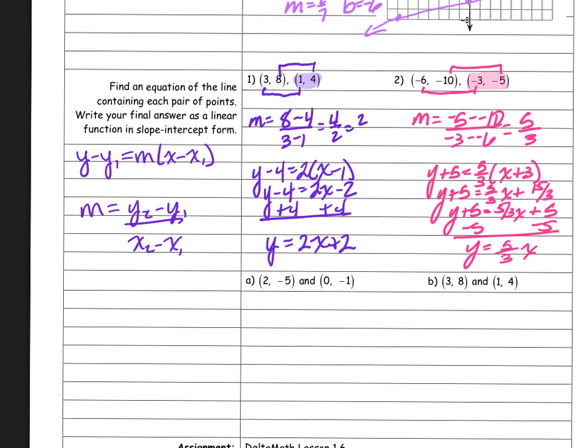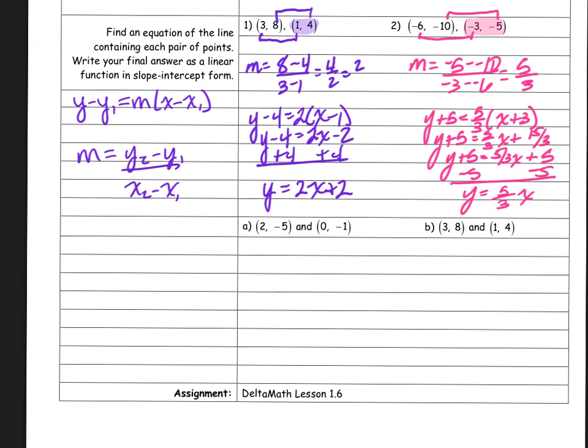2 more problems and we're finished. So slope again. I'm going to find my slope. So let me slide this up just a little bit so I have a few more lines to write on. So m is going to equal -1 minus a -5 over 0 minus 2, which is 4 over -2, or -2.